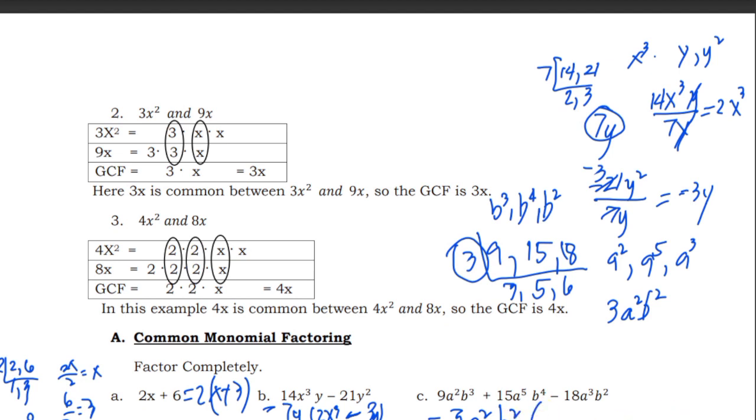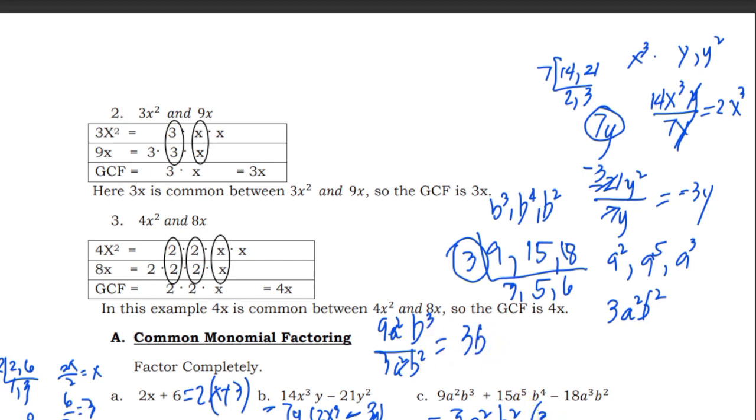Then we don't know yet the second factor. So I have to put here 9a squared b cubed divided by the common, which is 3a squared b squared. So 9 divided by 3 is 3, b cubed over b squared is 3 minus 2, and that is b.